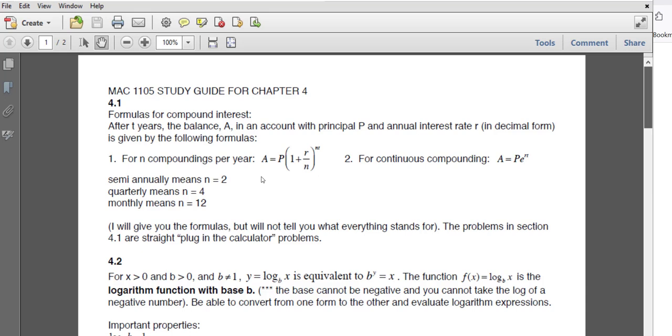They're not hard, but they will use either this first formula, and you will be given the formulas on your test. Compound interest and continuous compounding. This is compounding with intervals. You just have to know your intervals and you plug in, but practice it on your calculator to make sure you're entering it right. And continuous compounding always has the E.